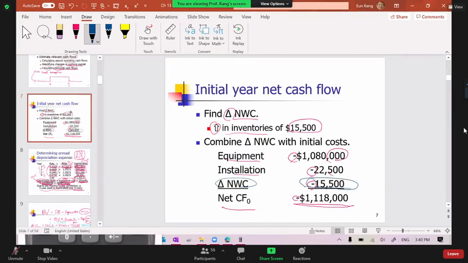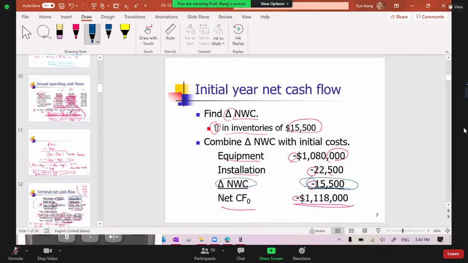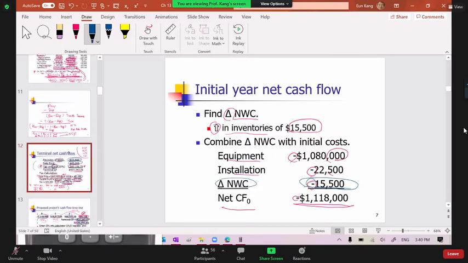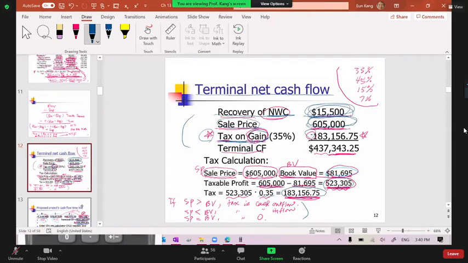At the end of the project, recovery of net working capital is positive, right? Your net working capital actually went down. As it goes down, cash flow goes up.